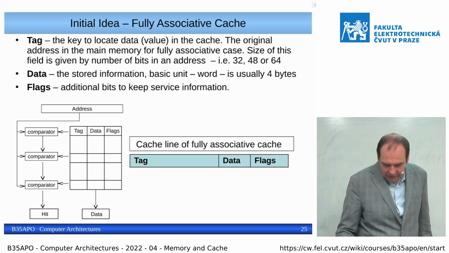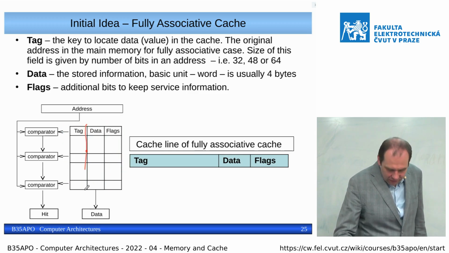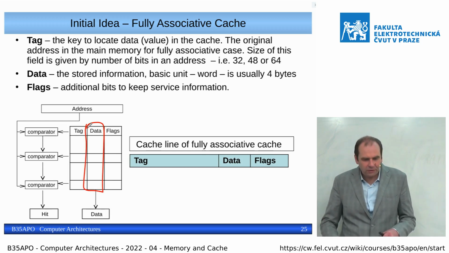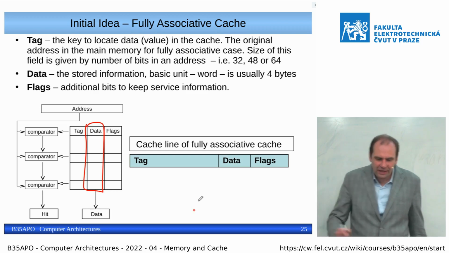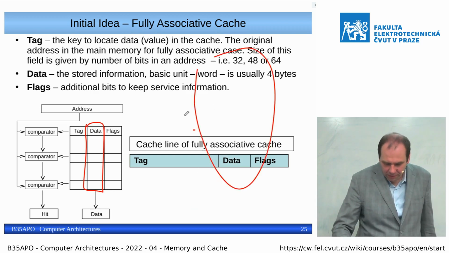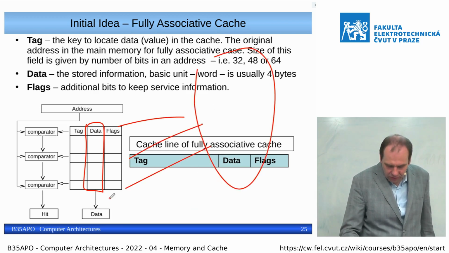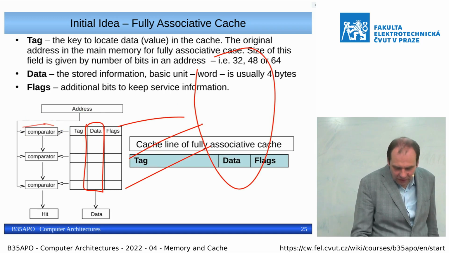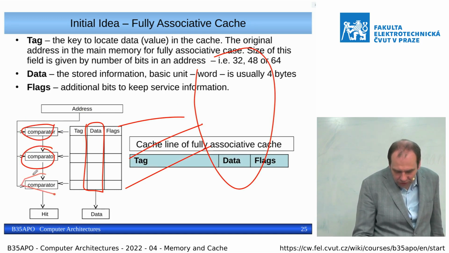If we want to treat all the locations equally, to be able to store any external address from the main memory in any of those rows, then at an attempt to access a given address we need to check all those rows for a match between tags.